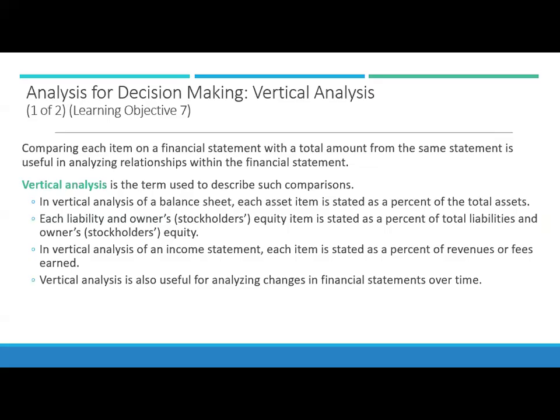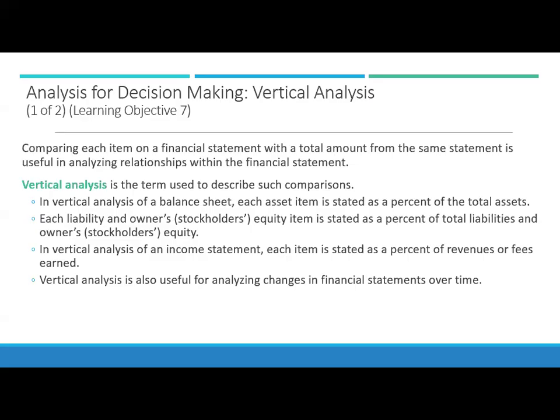And in the liabilities and stockholders' equity section, it's taken as a percentage of total liabilities and stockholders' equity. Well, because of the accounting equation, total assets is equal to total liabilities and stockholders' equity. So everything on the balance sheet is taken as a percentage of total assets.